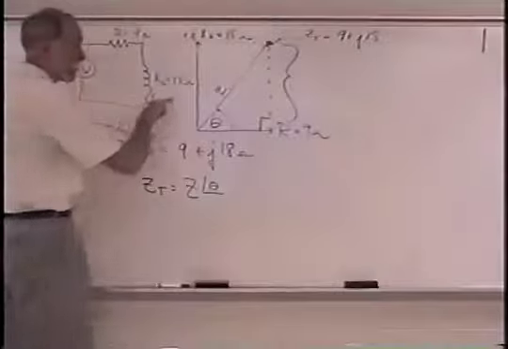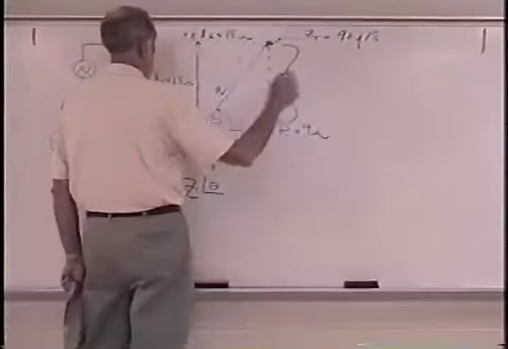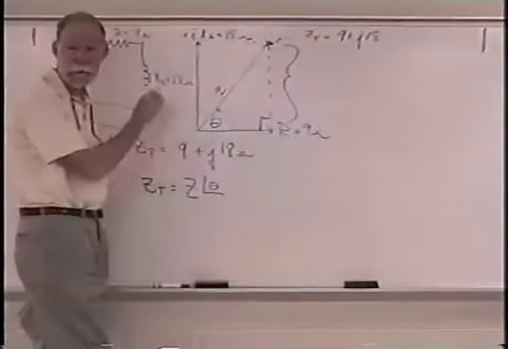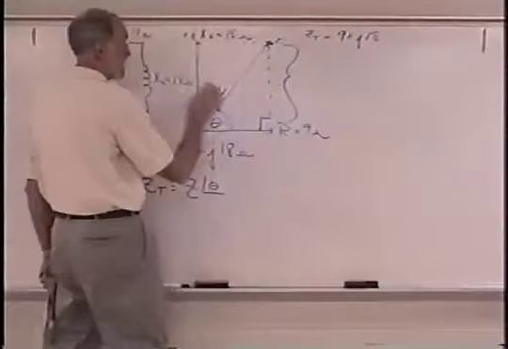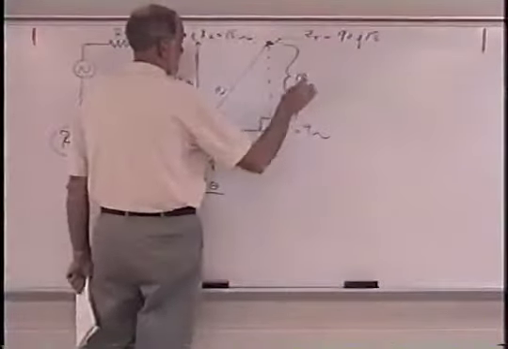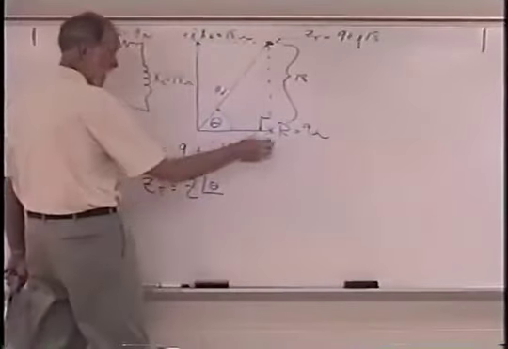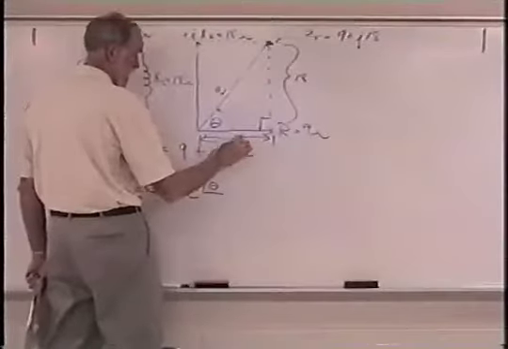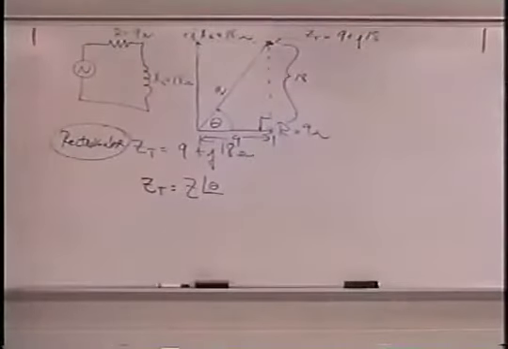Because I have this opposite side out here, and we already know that since we've got a rectangle, this side and this side are the same. So this is 18 units long. And this side here is 9 units long. Okay?